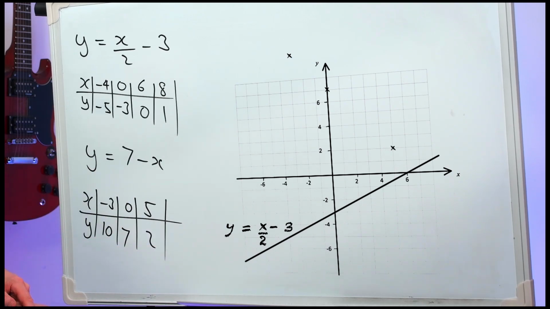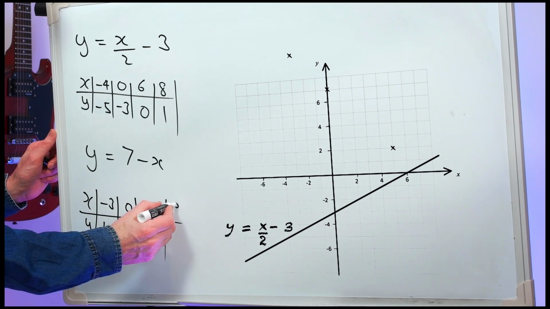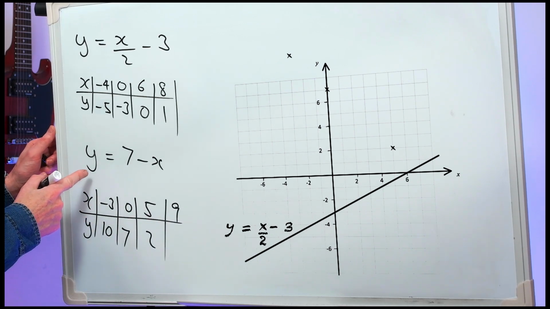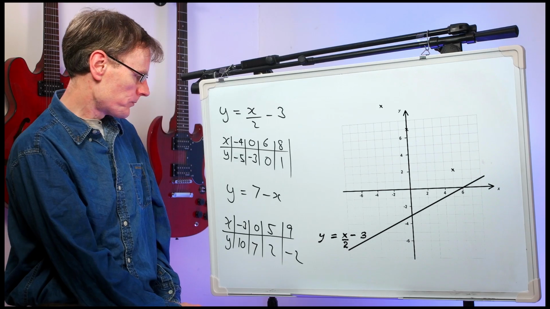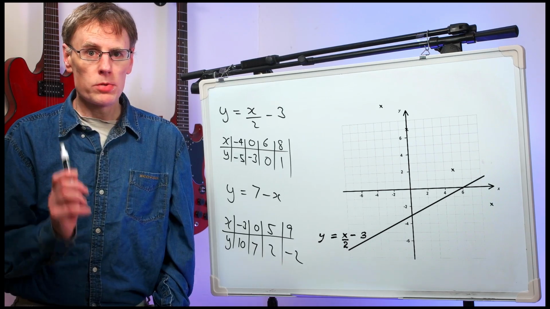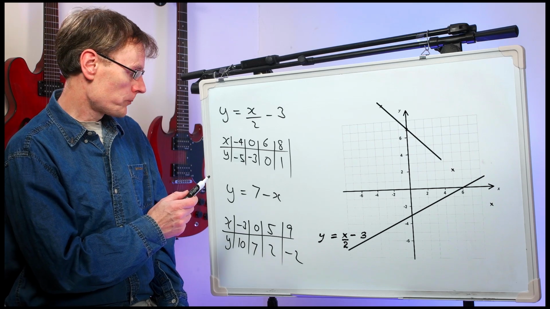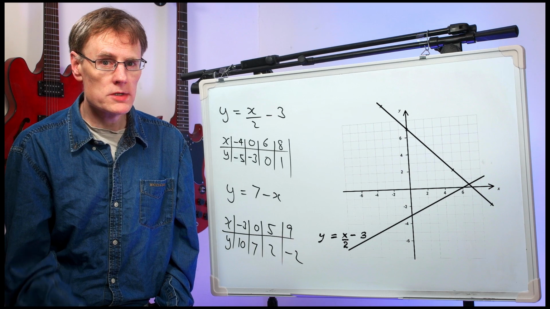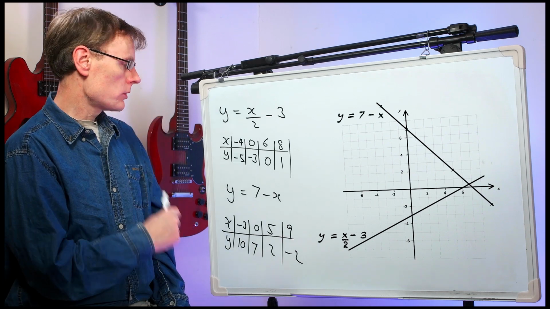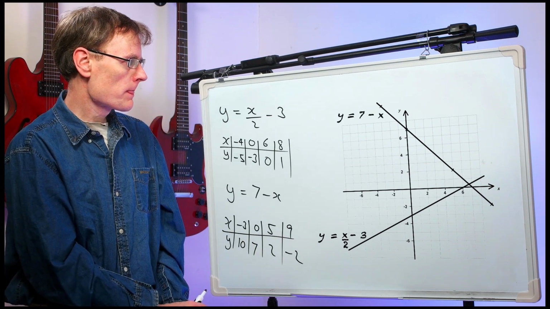Let's go a little bit further. Let's go up to 9. So y equals 7 minus 9 is minus 2. So then you can plot those points on the graph and join them up with a nice straight line. Make sure you go exactly through the points and label it. Y equals 7 minus x.